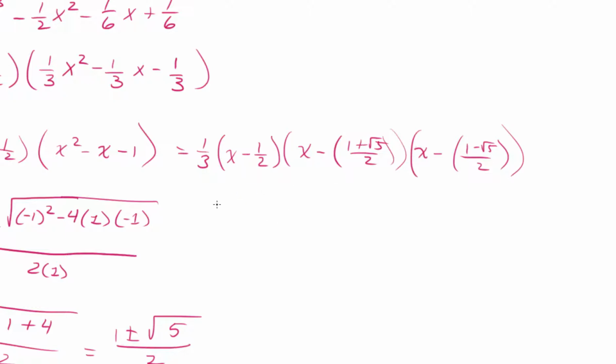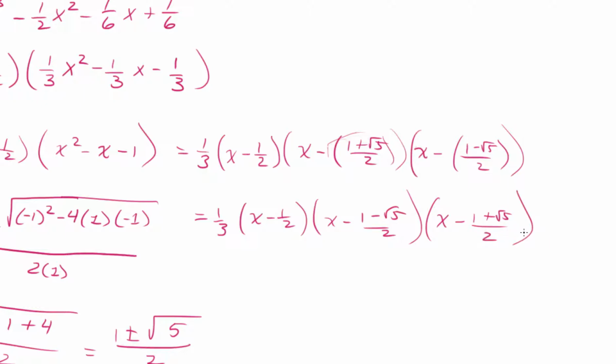Okay, now if you want to finish the simplification, you get 1/3 times x minus 1/2 times x minus 1 minus radical 5 over 2. Notice how the negative 1 here distributes the 1 and the radical 5 to get negative 1 minus radical 5 and x minus 1 plus radical 5 over 2.